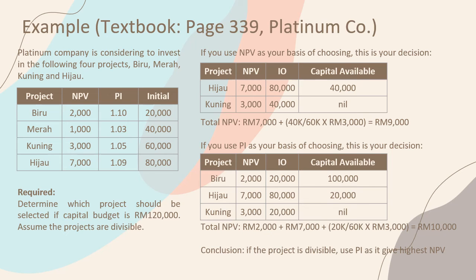Okay, divisible. So this is our capital rationing. This is the maximum amount of projects that we can undertake, and we need to find a combination of projects that will give us the highest NPV. I can either use the net present value as my basis of choosing, or I can use the profitability index as my basis of choosing. So here I show you what happens if I use the NPV as my basis of choosing, and what happens if I use the profitability index as my basis of choosing.